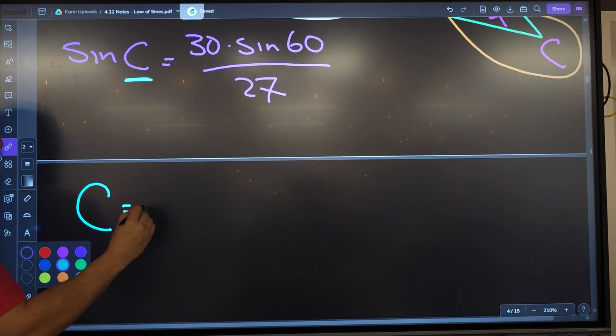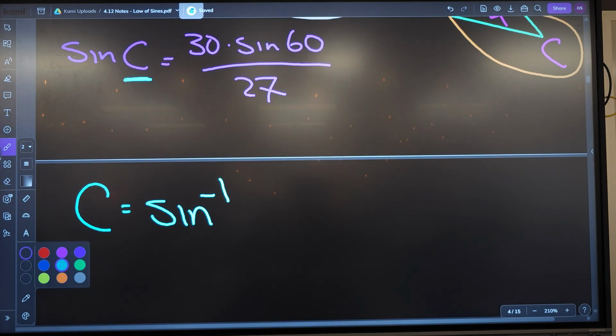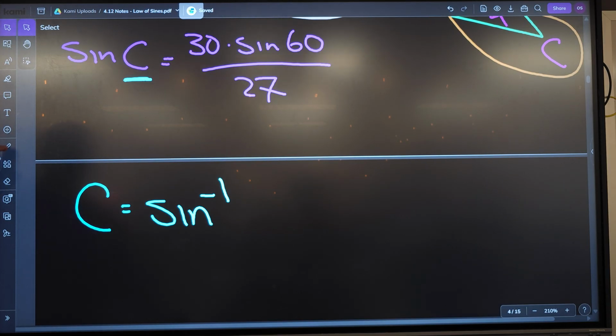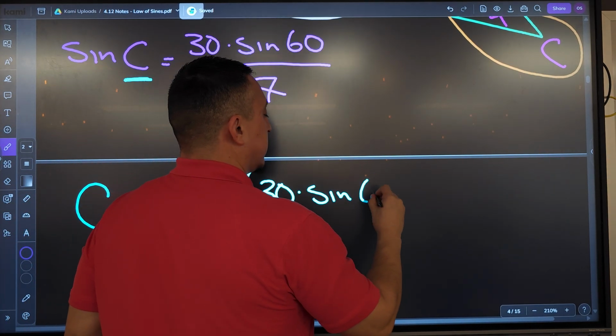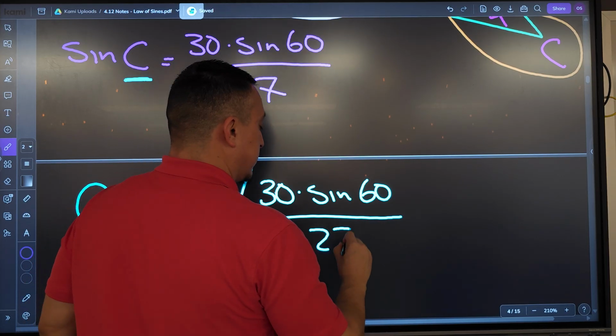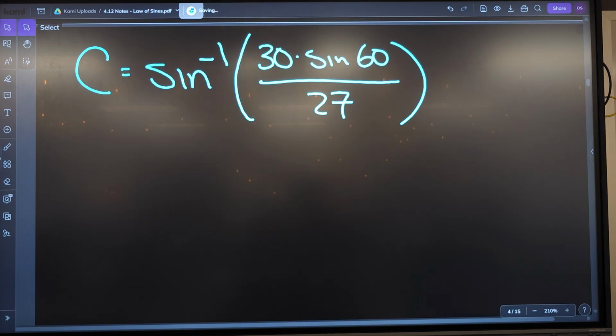So C equals the inverse of what? Of all that stuff. Okay, of all this stuff. So inside the parentheses, it'll be 30 times sine 60 over 27. And you chunk it in just like that into the calculator. Okay, just make sure it looks like that.